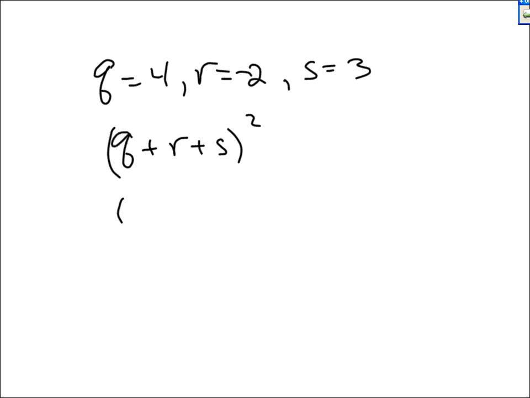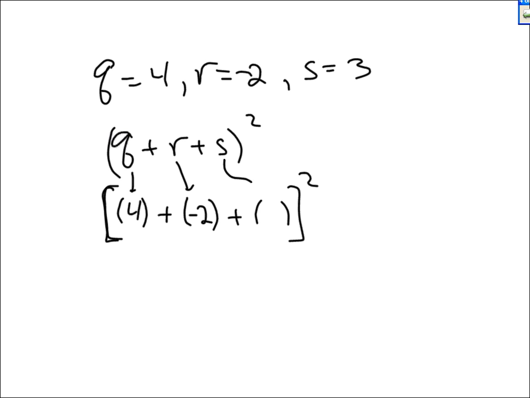So it's Q plus R plus S, then I square. You want to put round brackets? Fine. I put square brackets. Doesn't matter. Q is 4, R is negative 2, and S is 3.